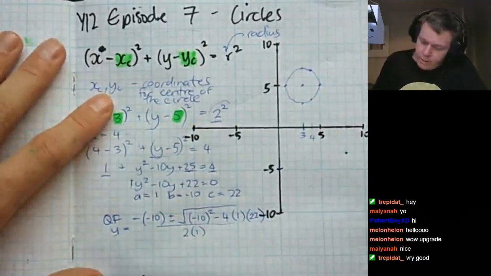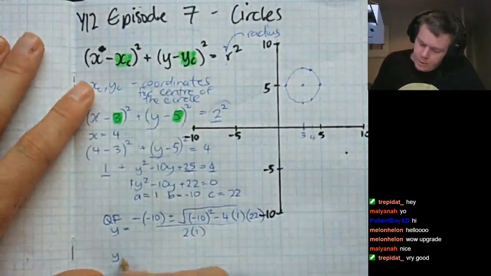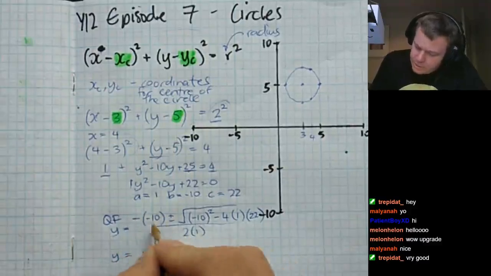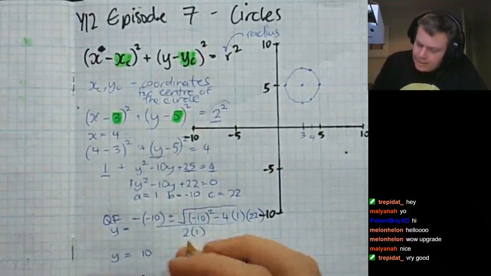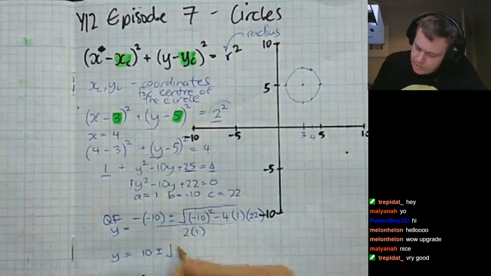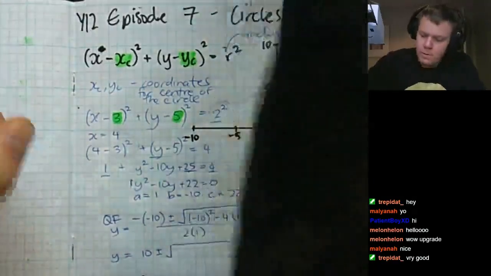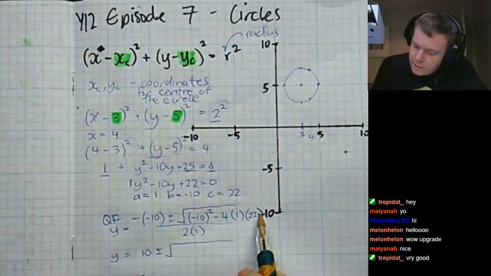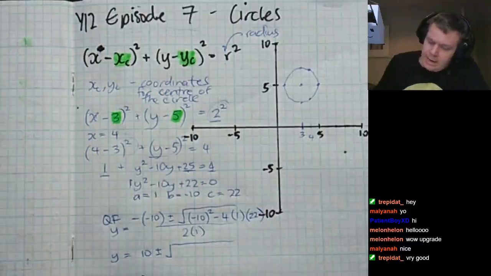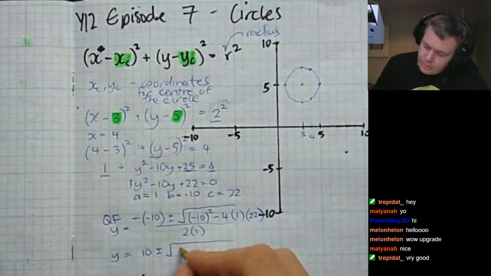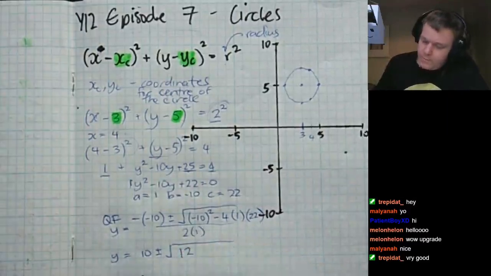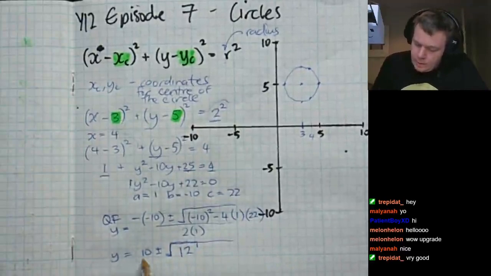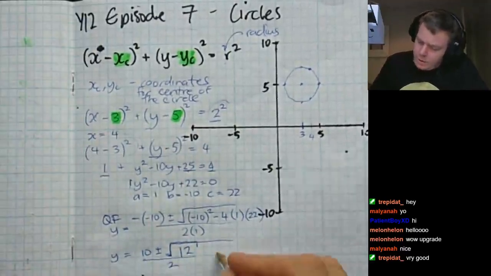These are the y values that we're going to get. So y equals 10, I've just cancelled out those two negatives, a negative and a negative just cancel each other out. 10 plus or minus the square root of 100 minus 4 times 22, which is 88. So in here we get the square root of 12, and then that's all divided by 2. That will give us our two answers.